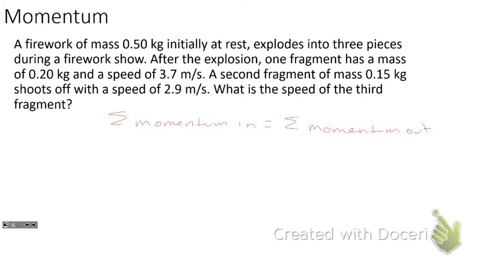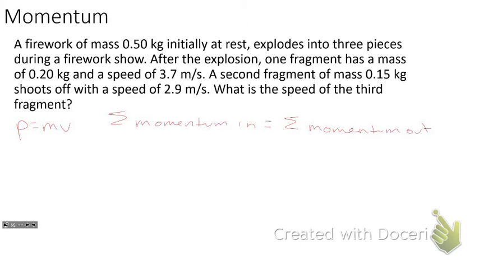In this case, it's a firework, which is initially at rest. So what is the momentum going to be if it's not moving? Zero, because remember, momentum is equal to mass times velocity. If our velocity is zero, we have zero momentum.